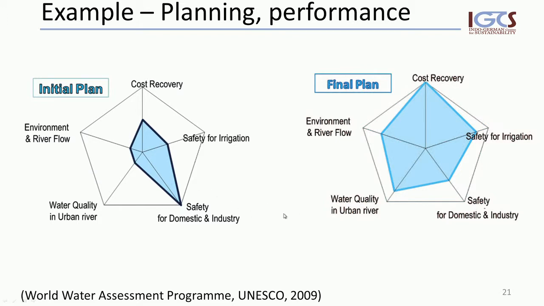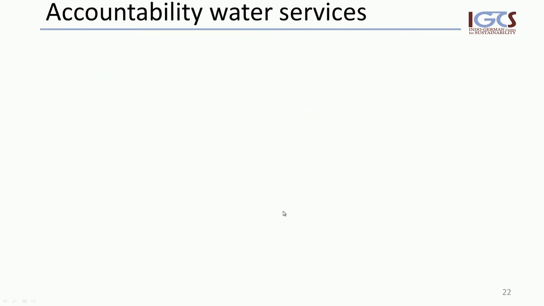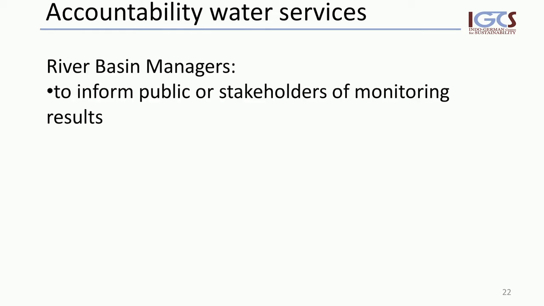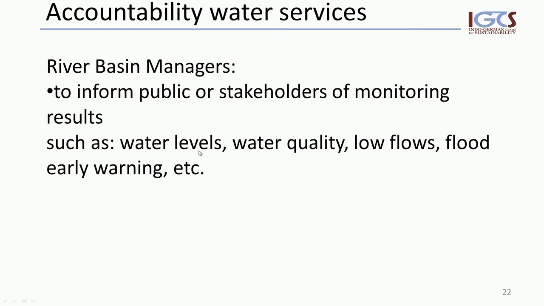Now, important is accountability of water services. So the river basin organization or river basin managers should have an obligation to inform the public or stakeholders of the monitoring results of exactly such performance indicators. That would be one message, but not only. There should be information shared on water levels, water quality.